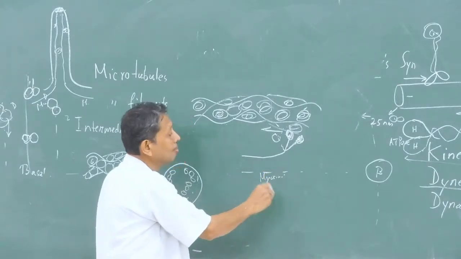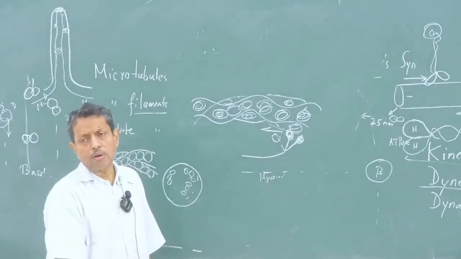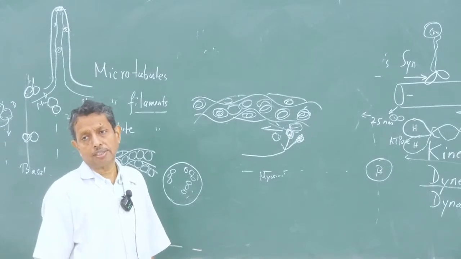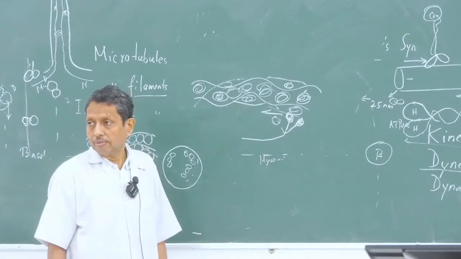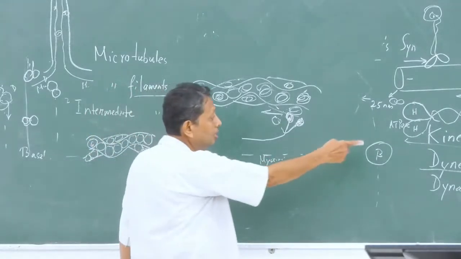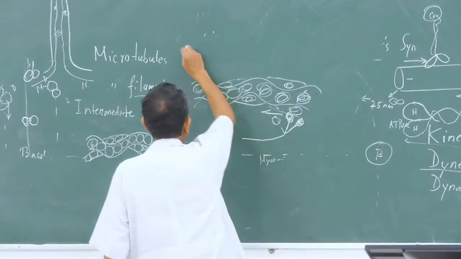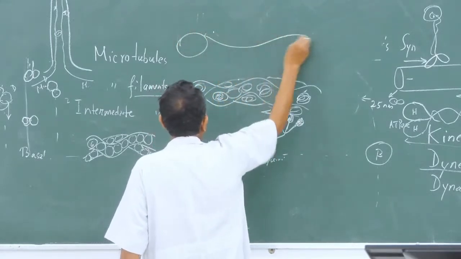Details we will learn from the text, or when we discuss nerve-muscle physiology, how they are formed from these monomers. The myosin 2 molecule is similar to the kinesin molecule.